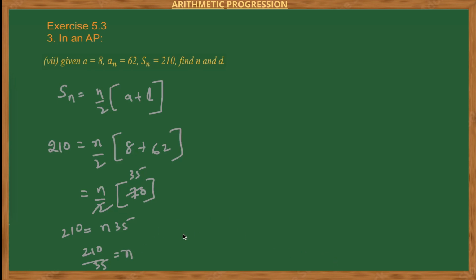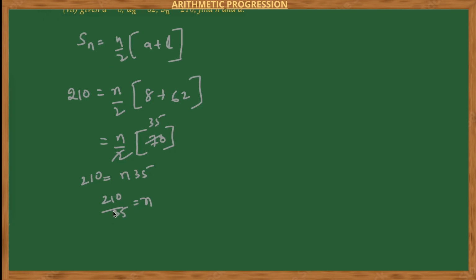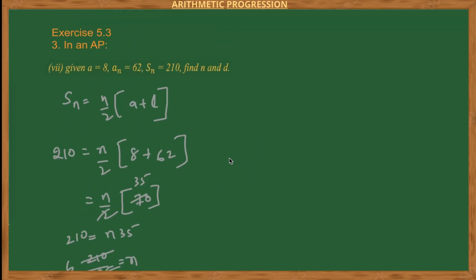Does 35 go directly into 210? Okay, the 5 table it goes. So 35 times 6 is 210. So n is equal to 6 here. Okay, so we got the value of n here. What is the next thing we need to find?